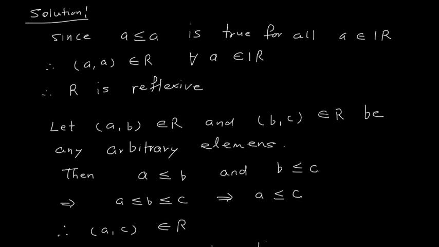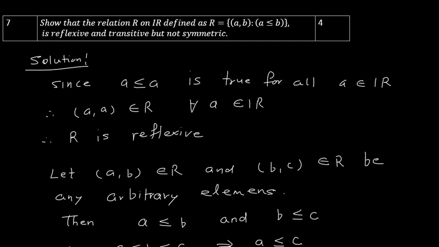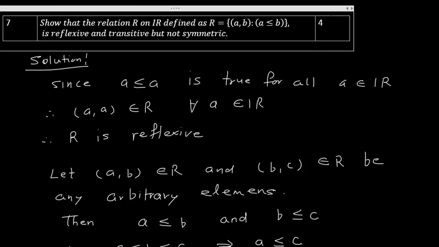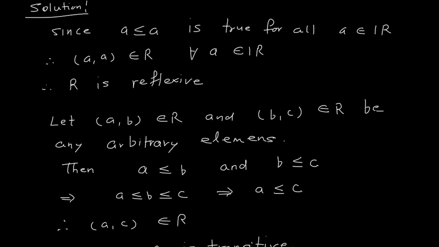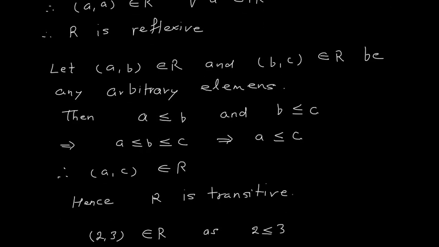We have to show that relation R on real numbers defined as R is a set of (a, b) where a is less than or equal to b is reflexive and transitive but not symmetric. For reflexive we have shown that (a, a) belongs to relation because a is less than or equal to a, a equals a. For transitive, if (a, b) belongs to relation and (b, c) belongs to relation, then we conclude that (a, c) also belongs to relation.